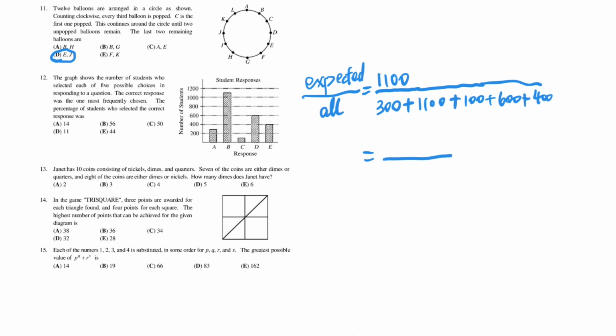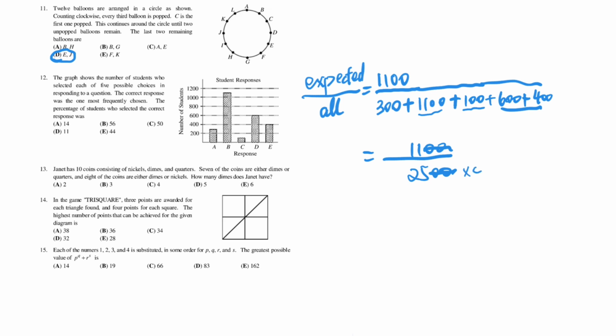The numerator is still 1100. The denominator is 300 plus 1100 plus 100 plus 600 plus 400, which is 2500. Cancel 100, gives us 11 over 25.